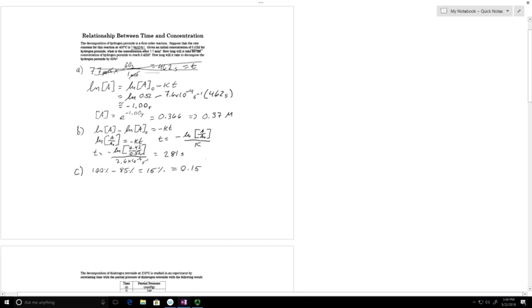And now we just need to use that same time equation that we did previously. We're just going to plug in 0.15 instead of A over A naught. So negative natural log of 0.15 divided by our K constant, which I'm not going to write out, but it's right here.